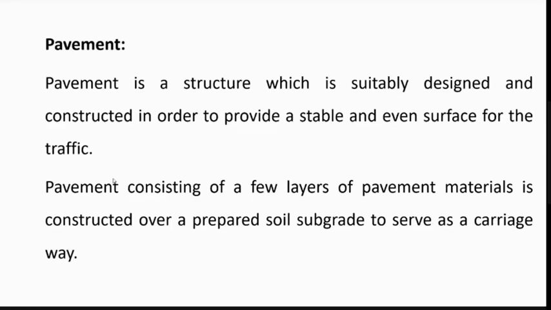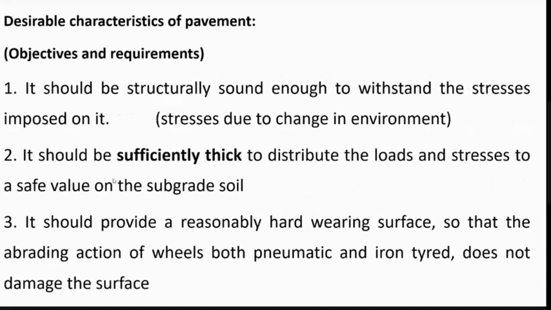That entire structure we call a pavement. The pavement consists of a few layers of pavement materials, as I discussed earlier. It may be soil or aggregates of different sizes, so that it can transfer the superstructure load. What is that superstructure load? The wheel load coming on the pavement, which needs to be distributed to the foundation, and the foundation is nothing but the subgrade soil.